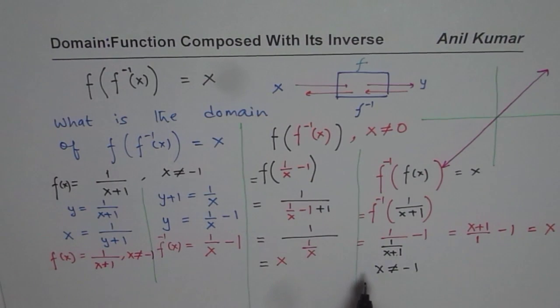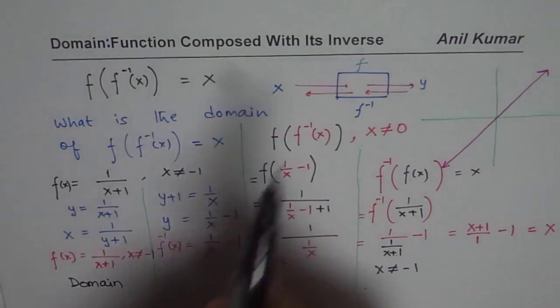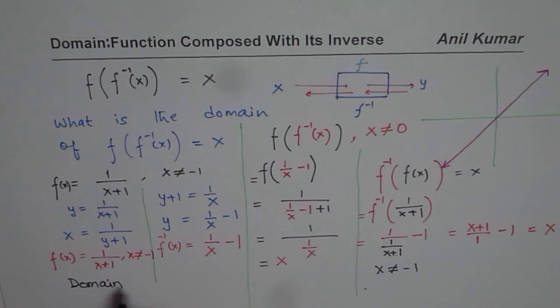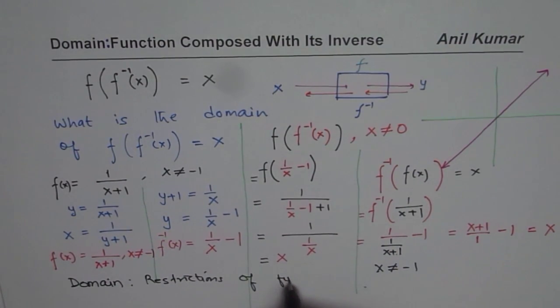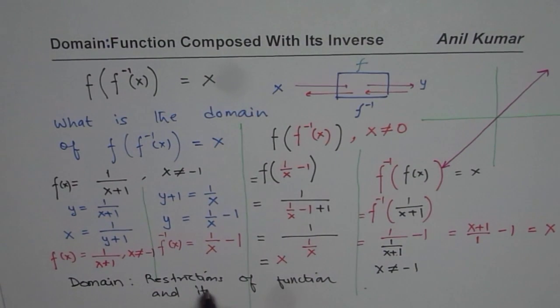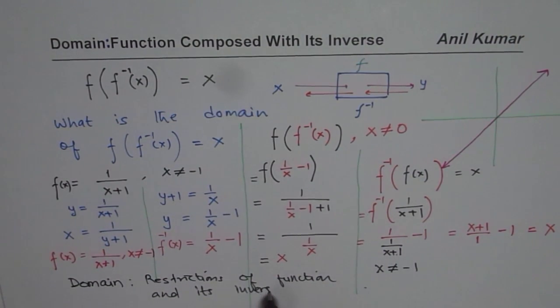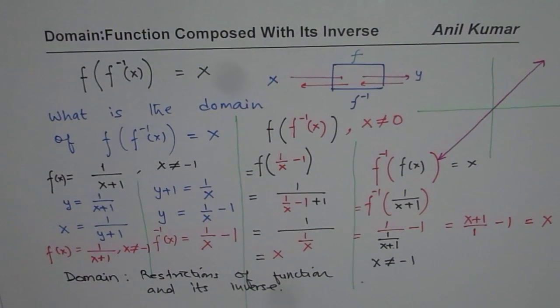So now, as a rule, we can write from here that the domain of such a composition where inverse is involved should consider restrictions of function and its inverse, both.